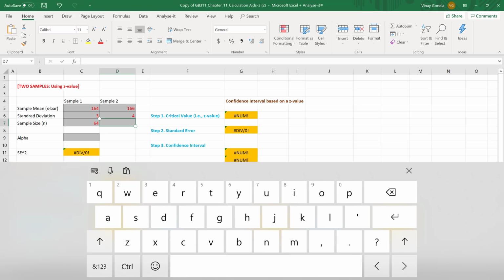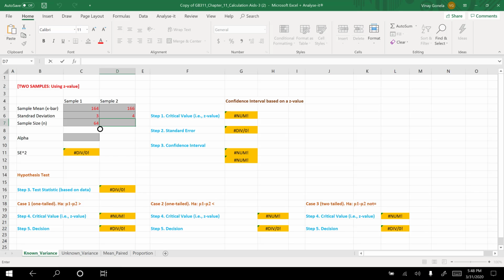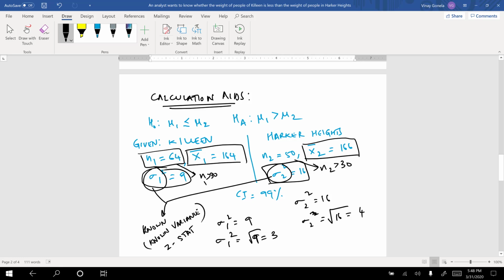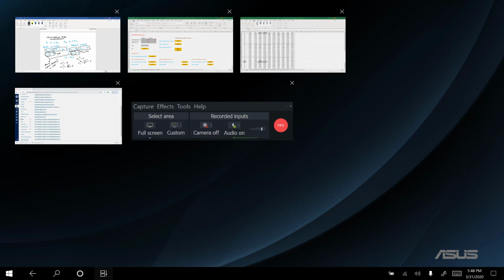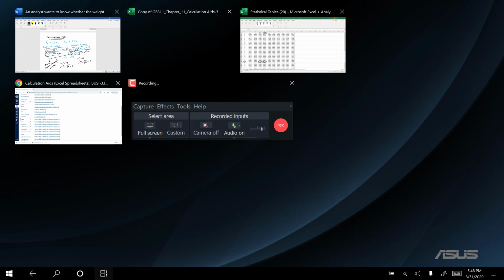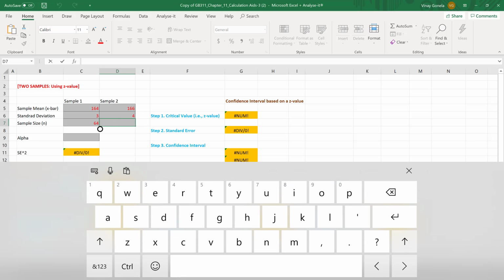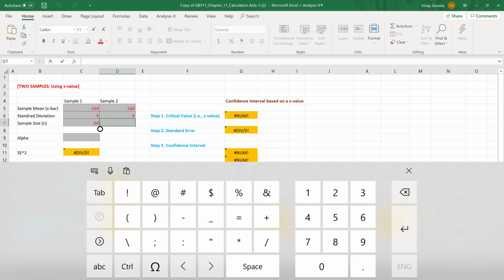And then sample size. Let me go and check. The sample size is 50, so I type in 50.